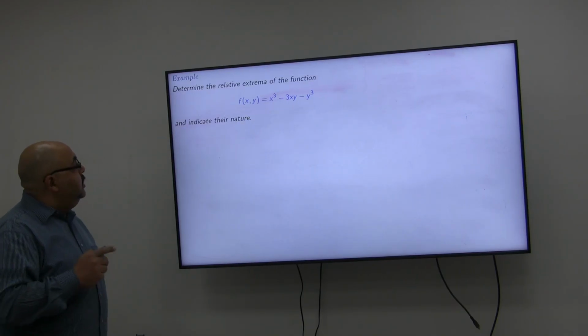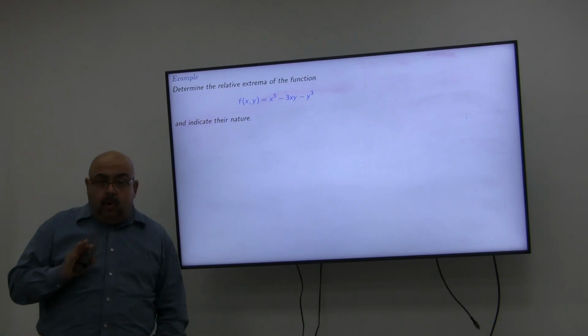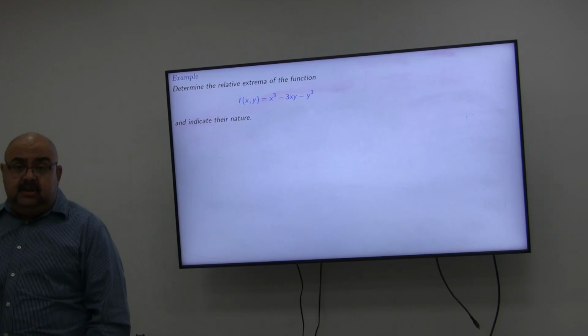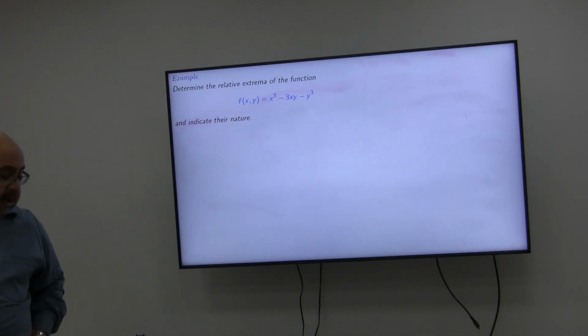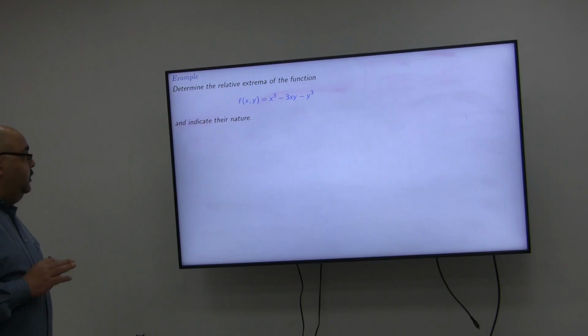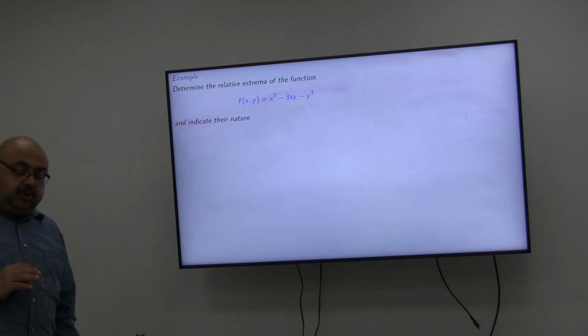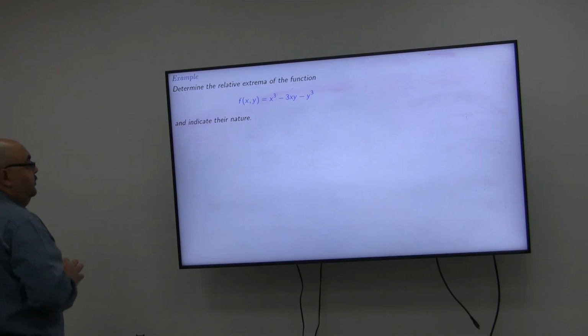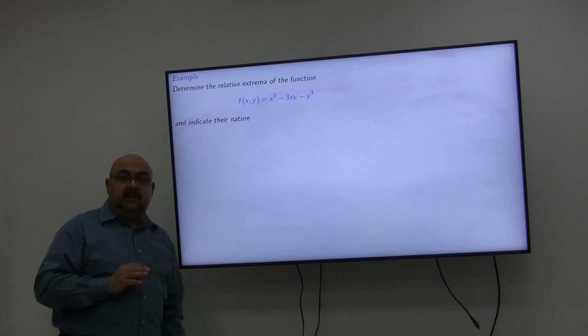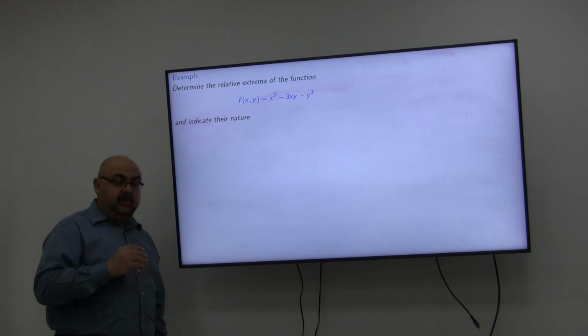Okay, once more, I need to determine the relative extrema of the function. The one obstacle that you may face in some of the problems is that you can find somewhat complicated cases in trying to solve the equations in order to get the critical points.